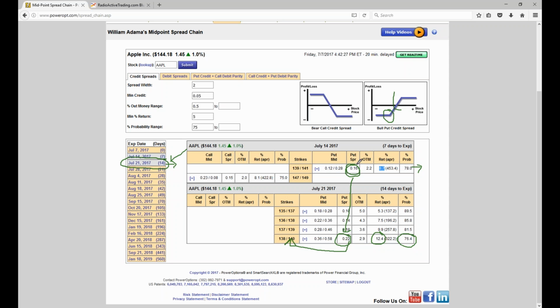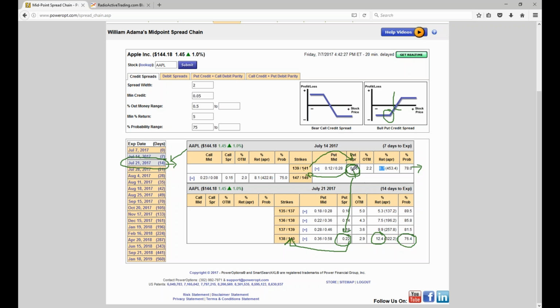Here I'm making 16 cents on a 2-point spread. Okay? We're at about an 8.5 to 1 risk-reward ratio. It means one loss at 2 points is probably going to wipe out 8.5 previous trades. And I know this one is very small in comparison, but if I went up to the 141, 139 here with a probability of about 70%, we were probably closer to a net credit of 35 cents, which is near double that.